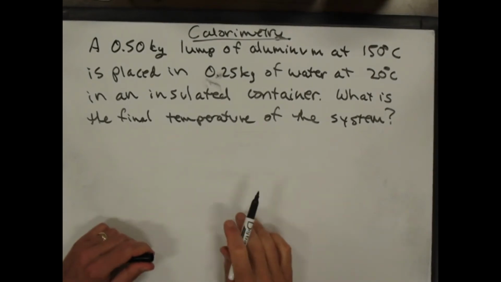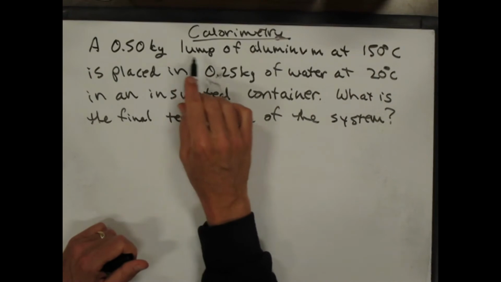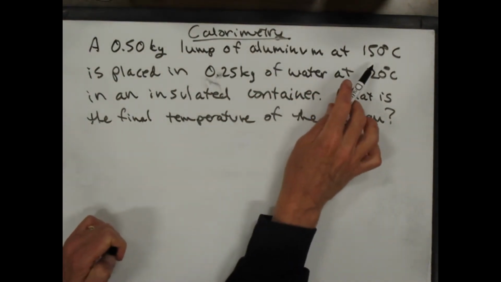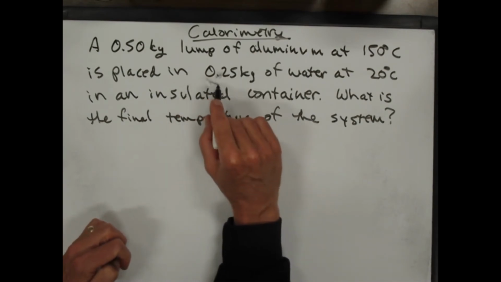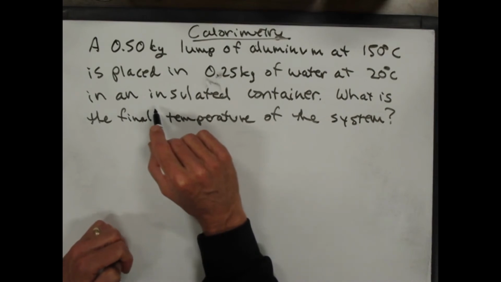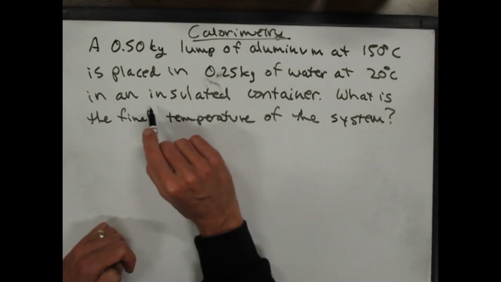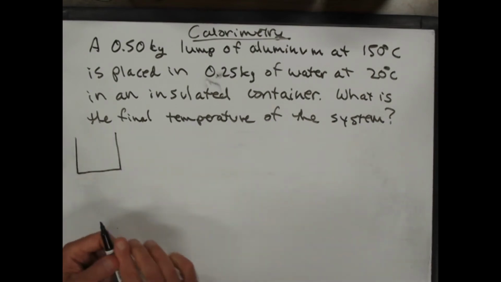So this is a calorimetry problem. A 0.5 kilogram lump of aluminum at 150 degrees Celsius is placed in 0.25 kilograms of water at 20 degrees C within an insulating container. So it looks like this. Here's my container, right?